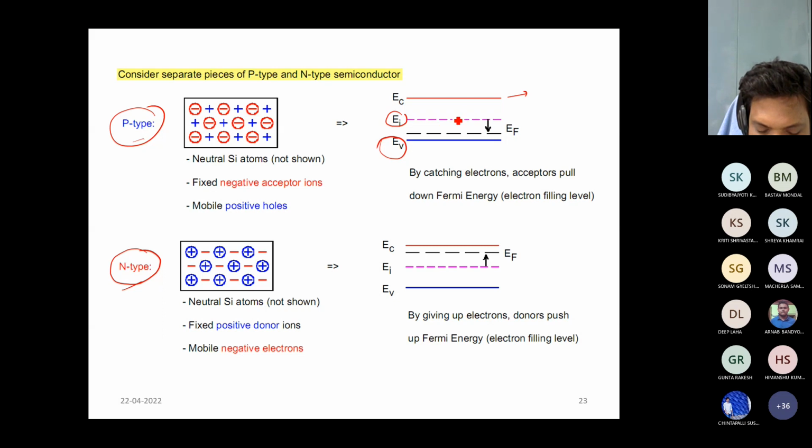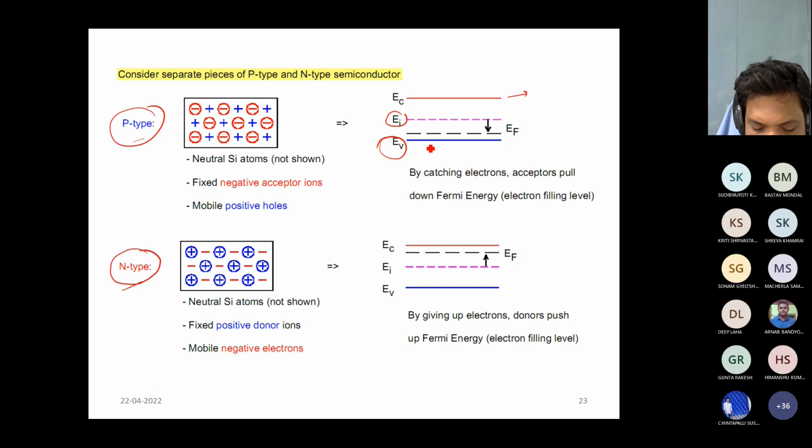How can we explain it? Well, again, you have to remember the significance of Fermi energy. That is the energy level at which you can consider that there is an equal probability of electrons and holes. Okay.